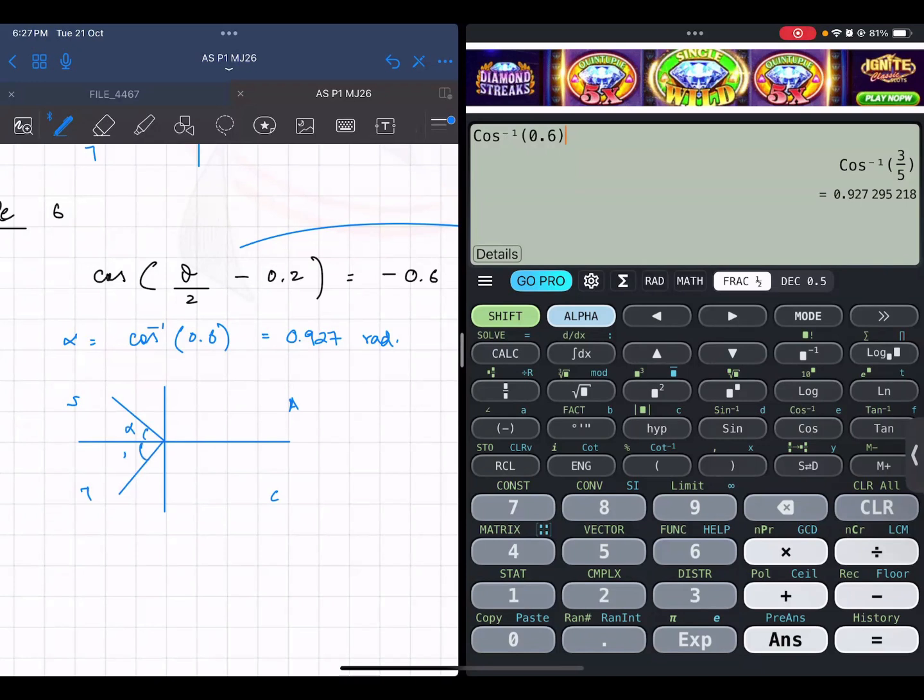So alpha and alpha. So the solutions for theta upon 2 minus 0.2 will be this, and the next one is this. The first solution is pi minus alpha, right? Because 180 is pi.